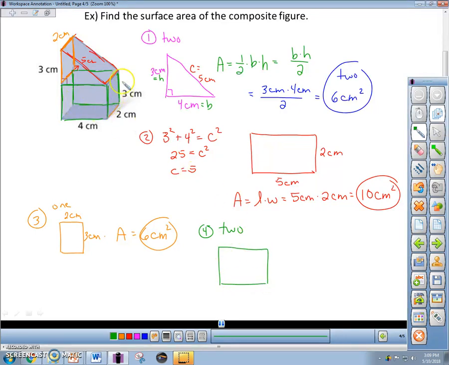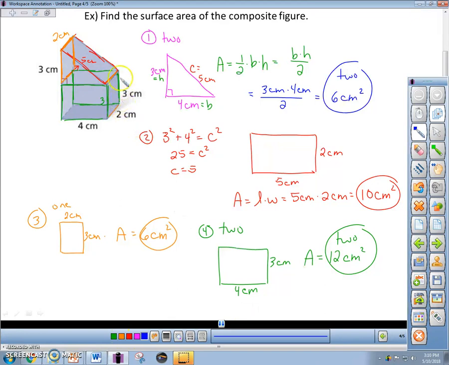Their dimensions are 3 centimeters by 4 centimeters each. So their area would be 3 times 4, which gives us 12 centimeters squared. And we have 2 of those, so we'll have a total of 24 when we get to the end.